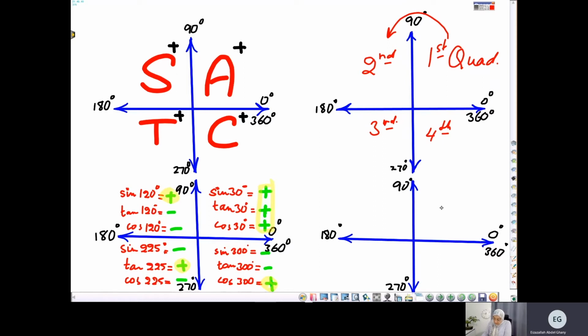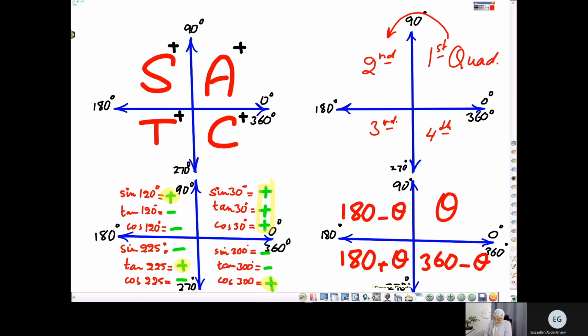Again, if we name an angle theta in the first quadrant, in the second quadrant we have to name it 180 minus theta. You'll know why when we start solving trigonometric equations. And in the third quadrant, it should be 180 plus theta. What is theta? The acute angle. In the fourth quadrant, we will name it 360 minus theta.